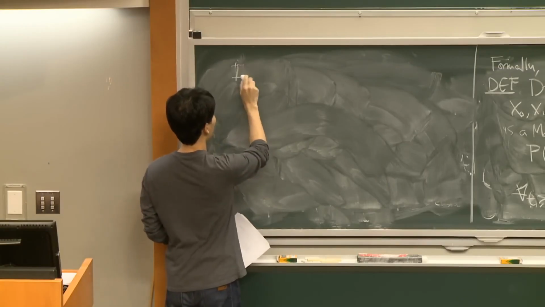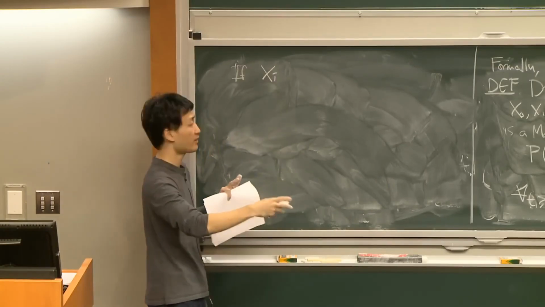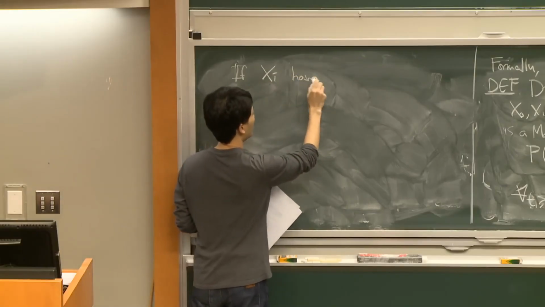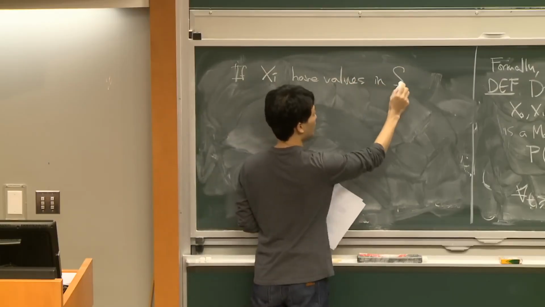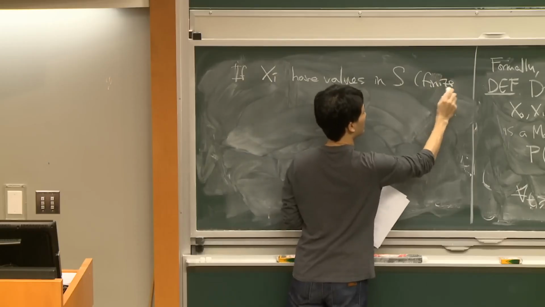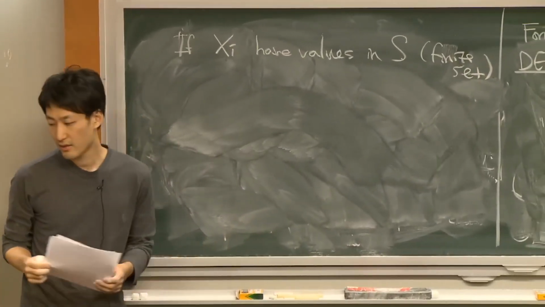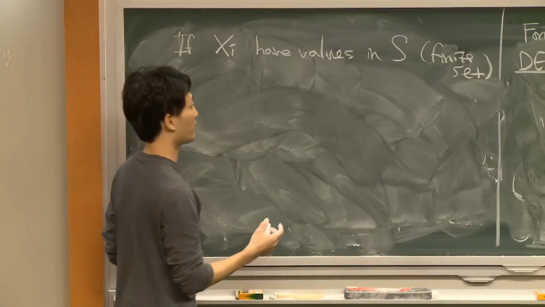So consider the case when you're looking at a stochastic process, a Markov chain, and all x_i have values in some set S, which is a finite set. In that case, it's really easy to describe Markov chains.